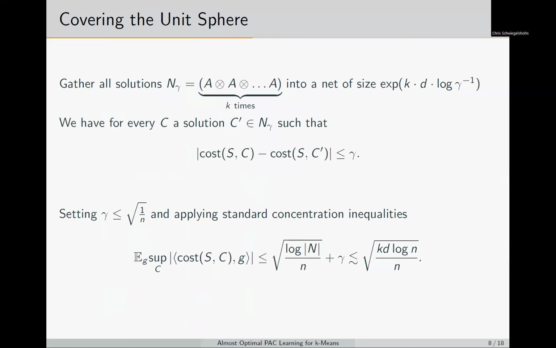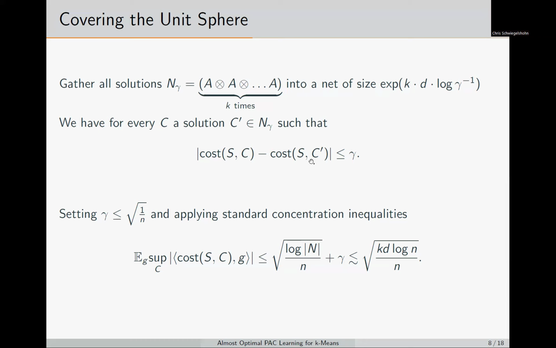Okay. So let's see what the simple net construction does for the excess risk question. We are building this net of solutions N gamma that we obtain by composing the epsilon net of the unit sphere k times. This gives us a total net of size that is exponential in kd log gamma to the minus 1.